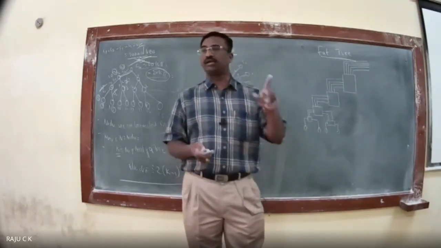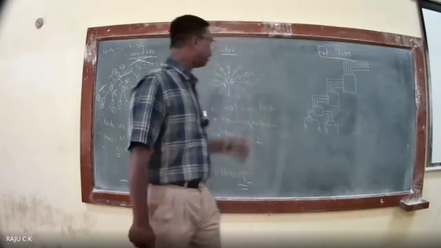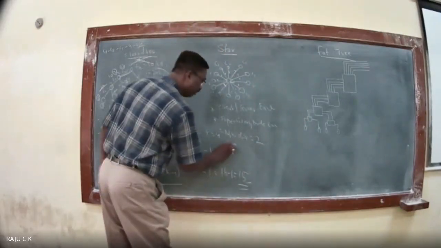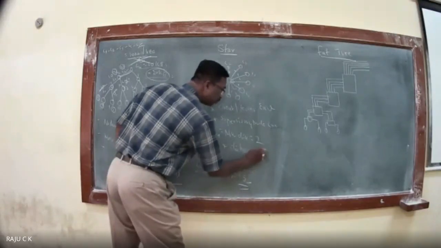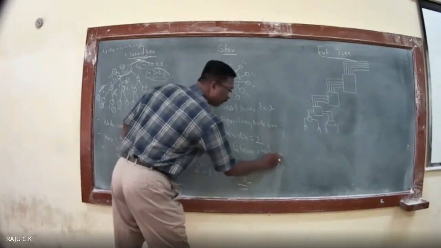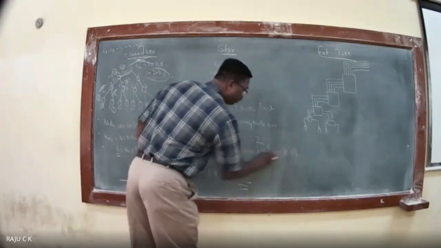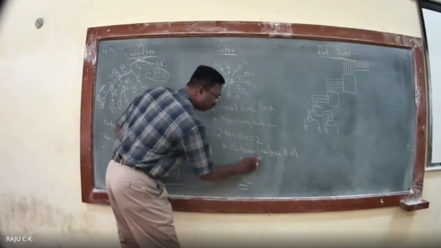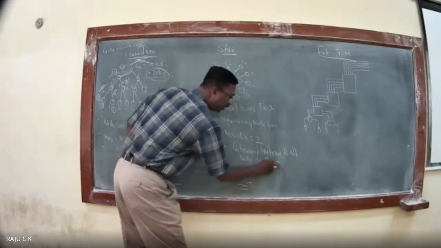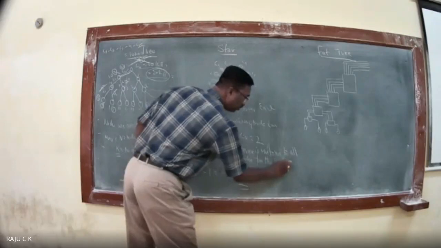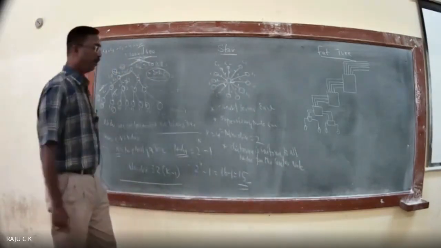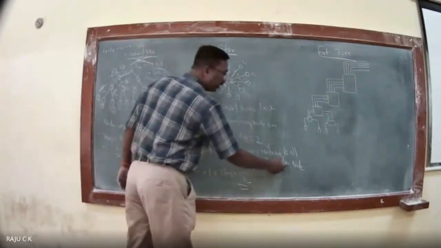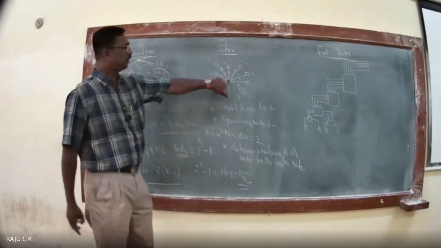Because of this context, I can use the star type technology, where distance is uniform to all the nodes from the center node. This is the center node.